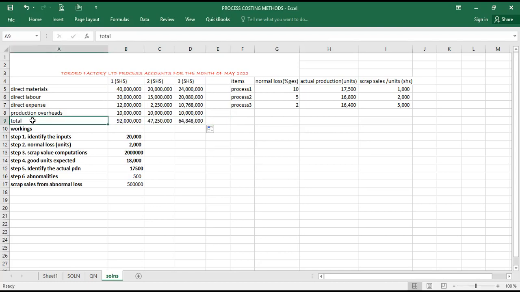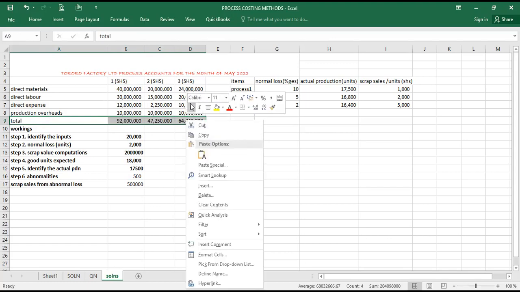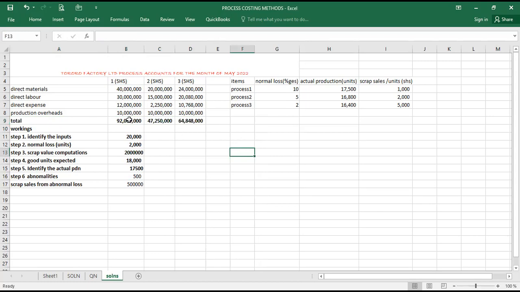So you've seen that this is giving us the total cost they spent in the production. They incurred the whole of this in all the processes. So the only thing remaining is to get the unit cost. Why are we getting the unit cost?